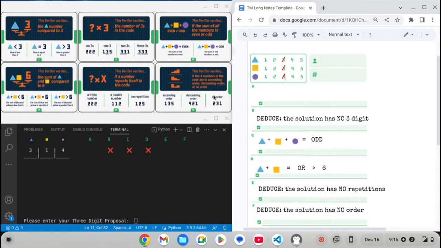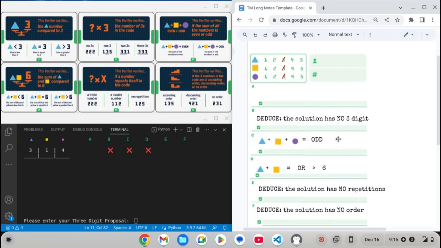So let's take a look. At this point, if we do have a sum of 6, it's not going to be using 1s and 5s, because if you were to add a 1 and a 5, that gives you a sum of 6. And then because of the no repetitions, that would mean circle would have to be even, and an even plus an even remains even, though we're looking for an odd.